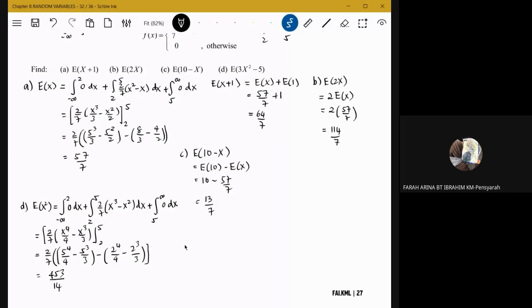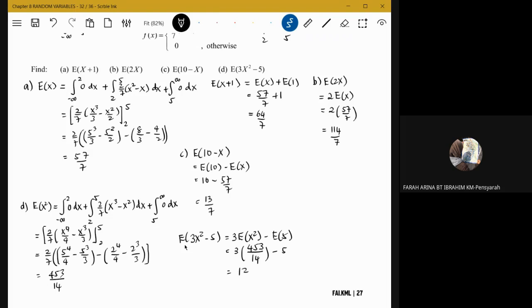So now to find the E(3X squared minus 5). So we can take out the 3. We just have E(X squared) minus E(5). So we must multiply the E(X squared) with the 3. So we put the E(X squared), which is 453 over 14, minus 5 here, since we have expectation of constant.